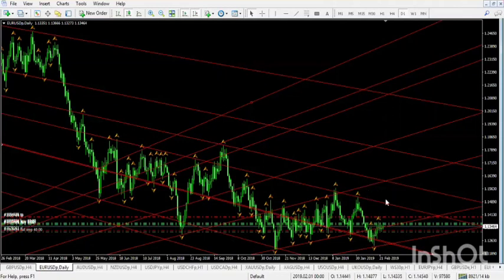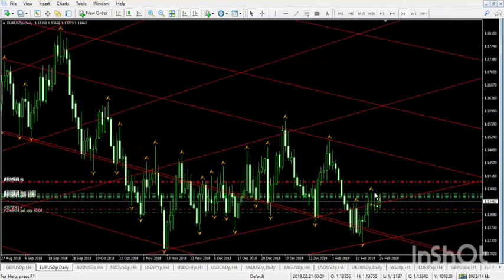For example, in here, I have the resistances here. So whenever I get the confirmation and the price breaks them completely, and I get the confirmation from the next candlestick, and I know that my price is above this diamond shape here, I can start buying and put my target in the next pivot.